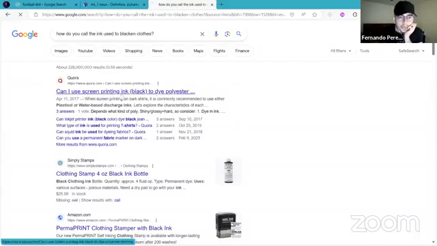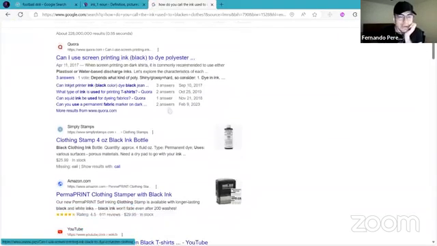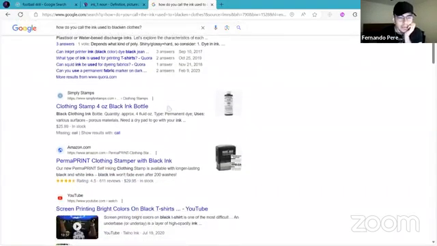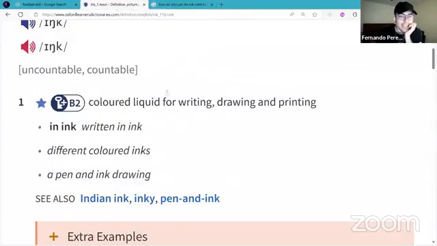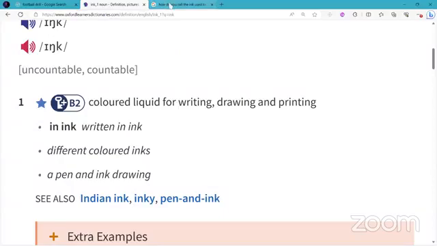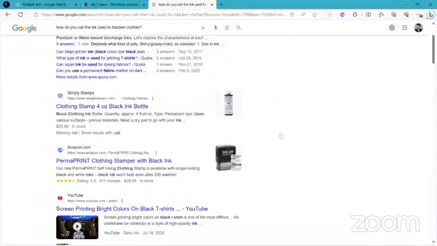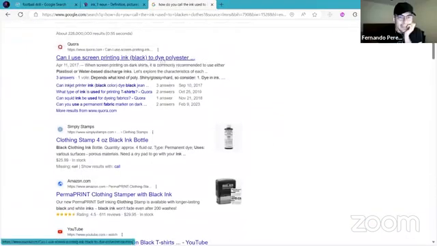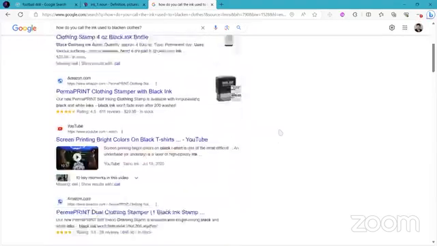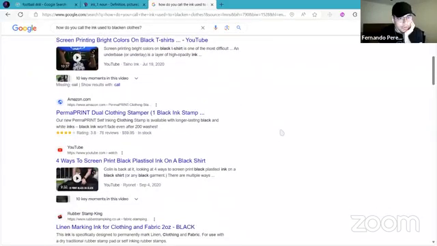Can I use spring printing ink to dye a polyester? Probably the word is dyer. It's not ink because ink is to write. And dyer is to dye. Dye is the action, like when you are talking about your hair. Yes, we are also talking about clothing.